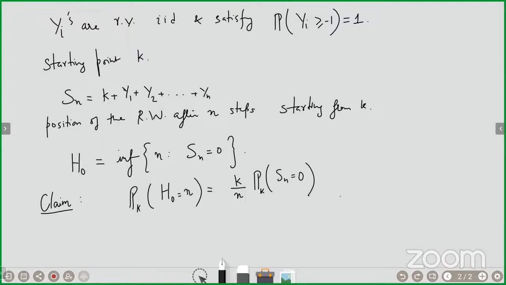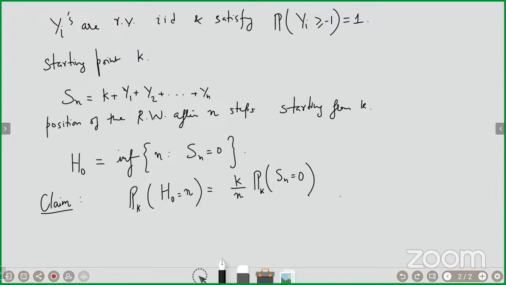I would not like this notation of n being reused, but because I'm following the book, it follows. We should really have used another index here, because otherwise it's overloaded notation. This is some other time index, this is some other time index, both being represented by n.